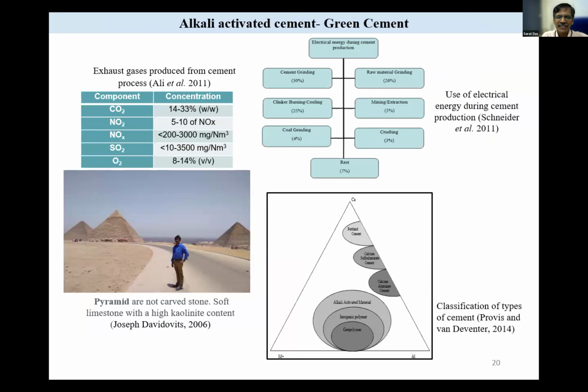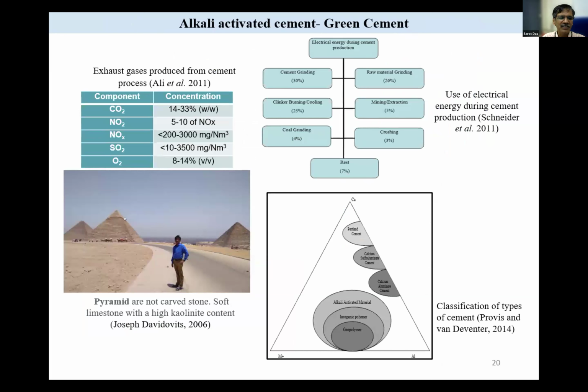When it comes to high value utilization, people have been trying for the past 5-10 years to use it as an alkali activated material, what we are calling a third generation cement or green cement.